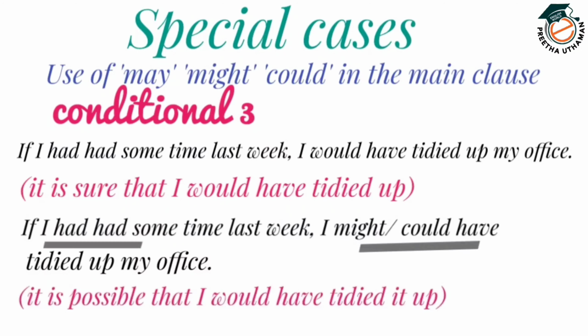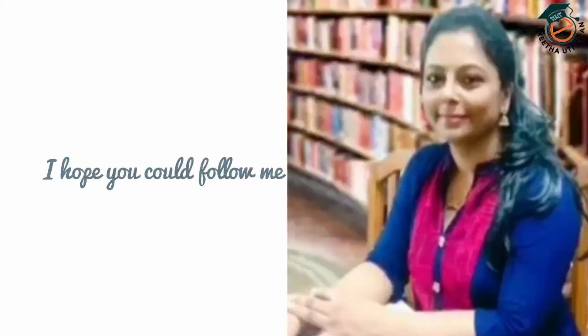Now, as in a special case, if I had had some time last week, I might, could have tidied up my office. So, it is possible that I would have tidied it up. So, might has reduced the certainty of the action. It is not sure that I would have tidied it up.